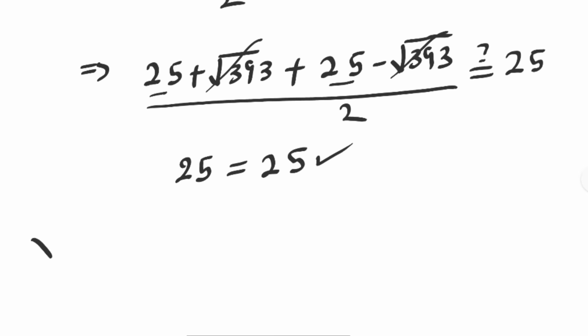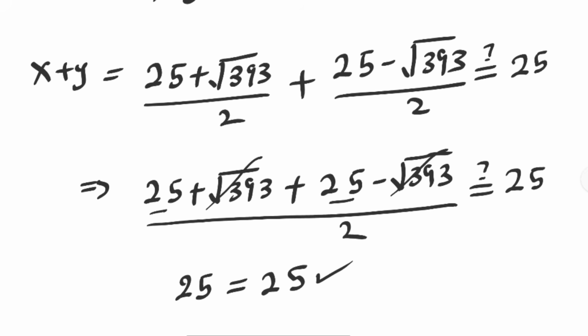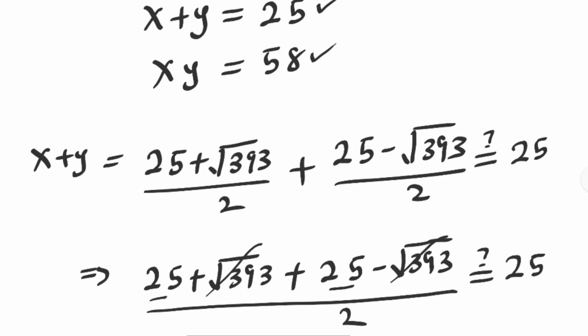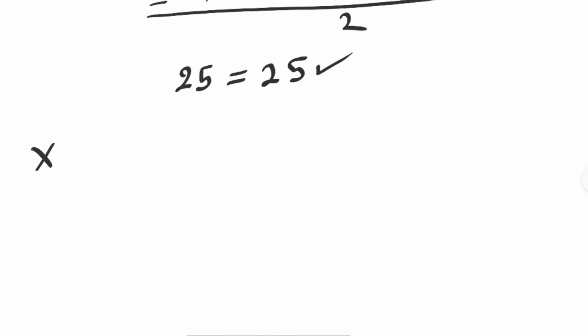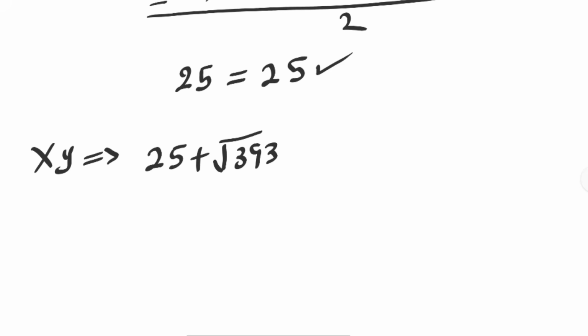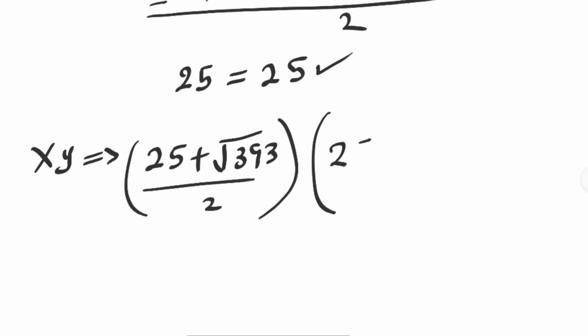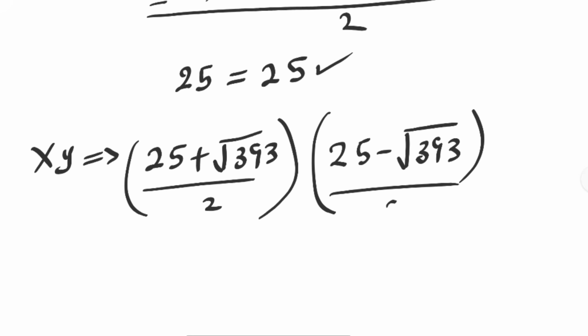Let us consider this. xy is 25 plus root 393 divided by 2 multiplied by 25 minus root 393 divided by 2.